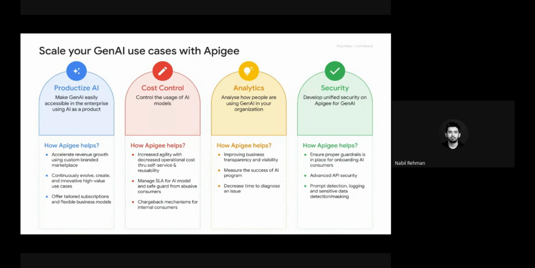So you can have some cost control mechanisms, that someone should only be able to use 50,000 characters in their APIs. So you could use Apigee to do the cost control, and also you can charge back your internal developers as well, or internal departments, for usage of these generative AI APIs.